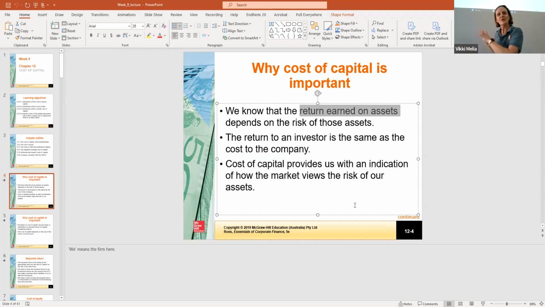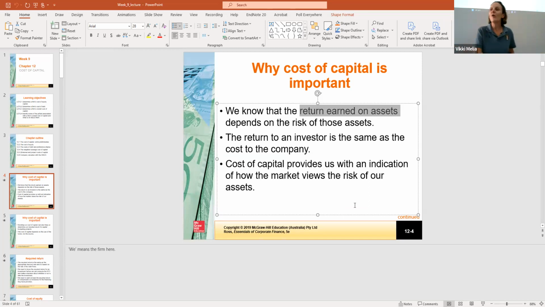If we switch and think now from the company's perspective, the dividends and the interest that they pay to their investors, they're not returns for the company, they're costs. The returns that they pay to the shareholders are a cost for the company. The returns they give to the lenders are a cost for the company.